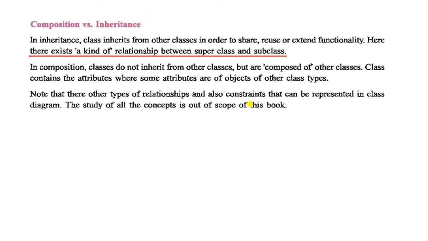In composition, a class does not inherit from another class but is composed from other classes, and contains attributes where some attributes are objects of other class types. In inheritance there is a relationship between superclass and subclass, but it does not inherit from the other class in composition.